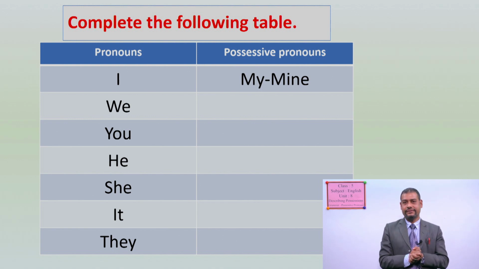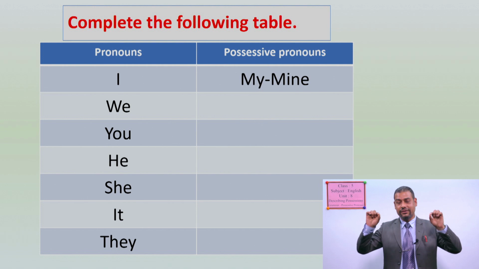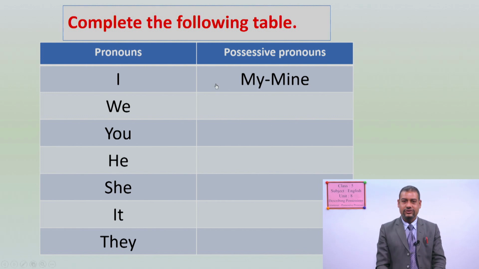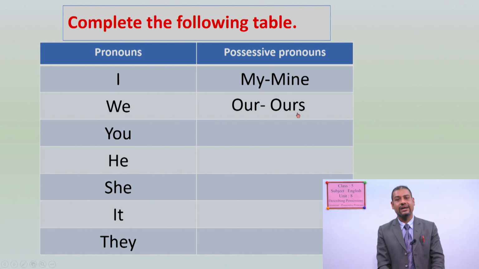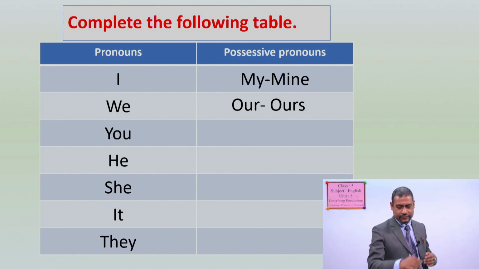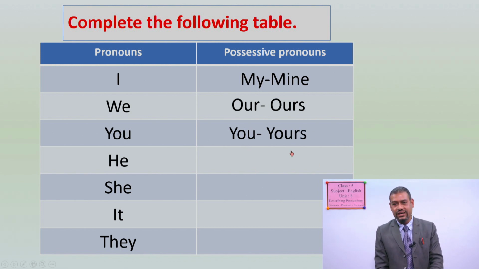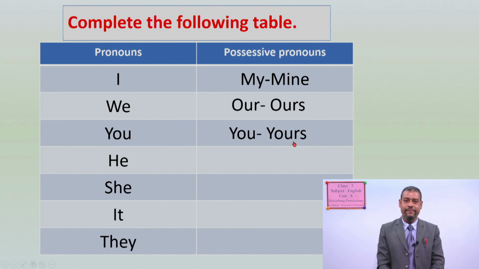Well, I hope, dear students, you have finished completing the table. Now you have to check the possessive adjective and possessive pronoun for these pronouns. For we, the possessive adjective is our and the possessive pronoun is ours. Is that correct? Very good, if you are right. Now you. For you, the possessive adjective is your, and the possessive pronoun is yours. Like that, dear students, what is the possessive adjective for he and the possessive pronoun for he?